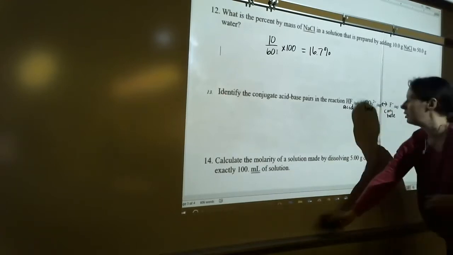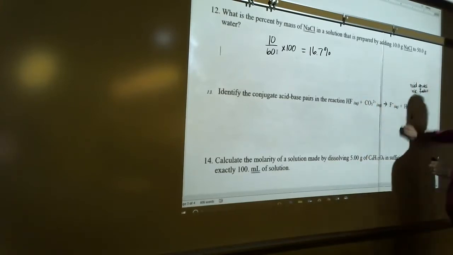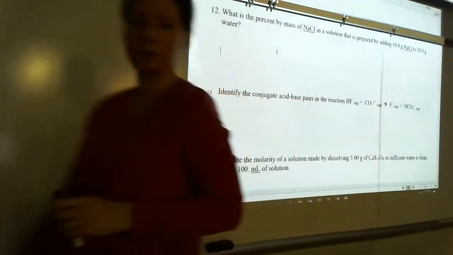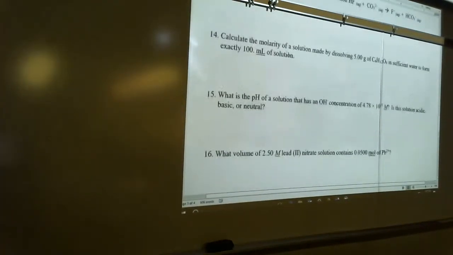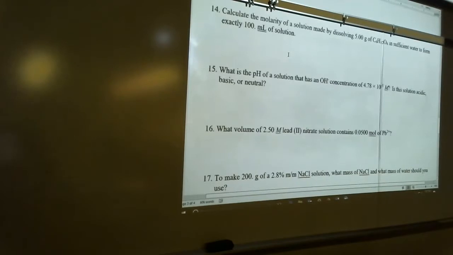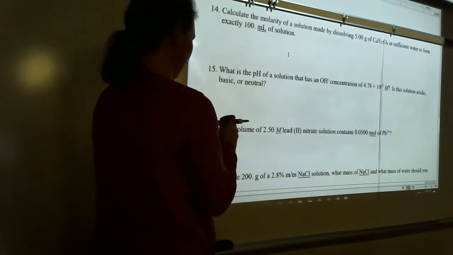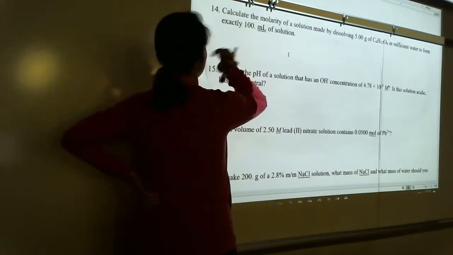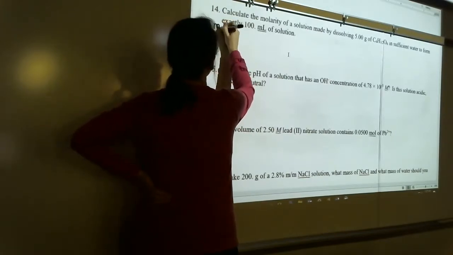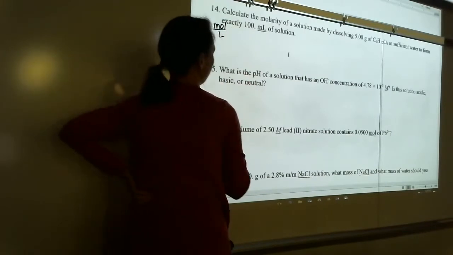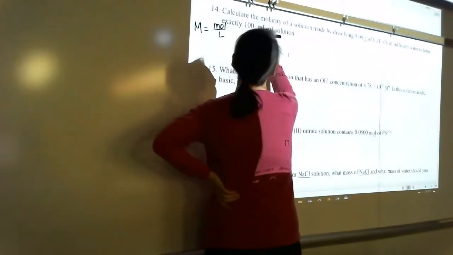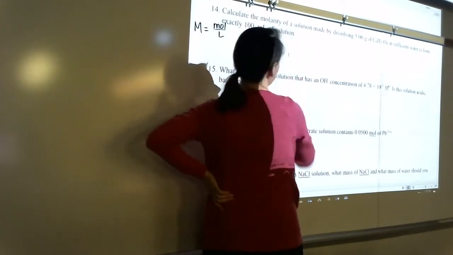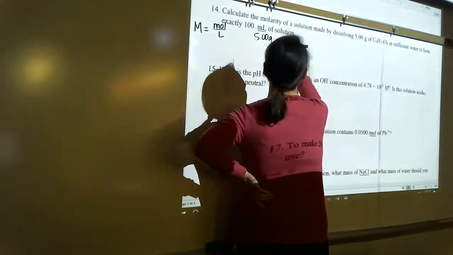All right. Let's move on to 14, calculating molarity. Molarity has what formula? Molarity is what over what? Moles over liters, right? So this is 5 grams, and we have to convert it to moles, right? So molar mass is about 180.